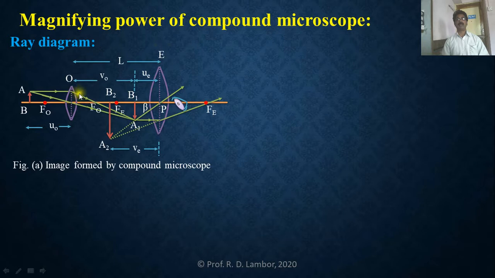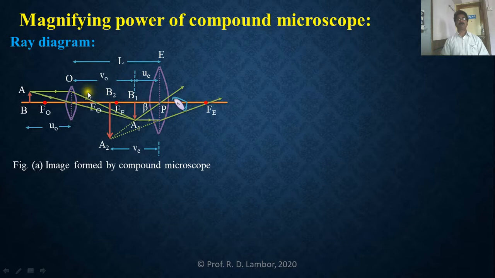In this ray diagram, there are two convex lenses, a small aperture objective and a large aperture eyepiece. Both the lenses have their own two principal foci, FO and FO for the objective, FE and FE for the eyepiece. This one is the optical center. Both the lenses have an optical center.